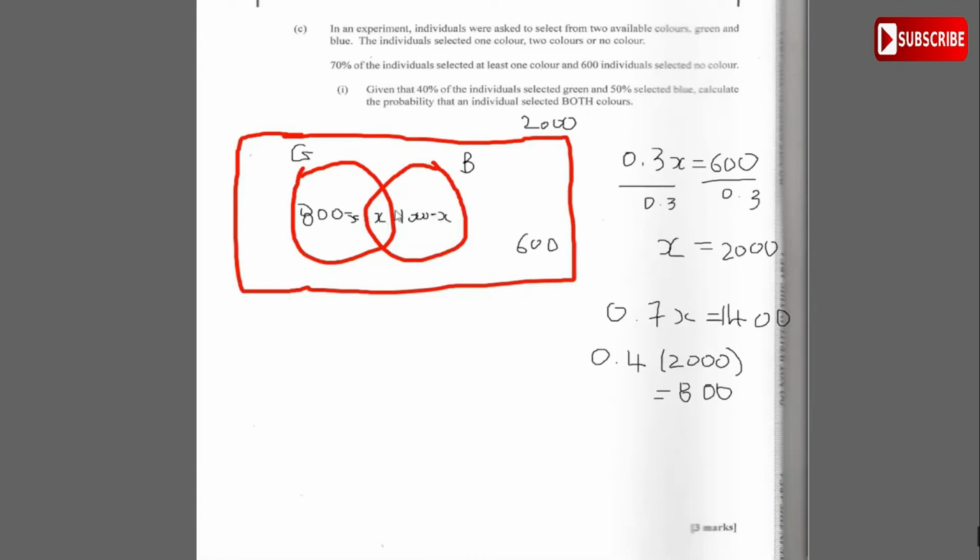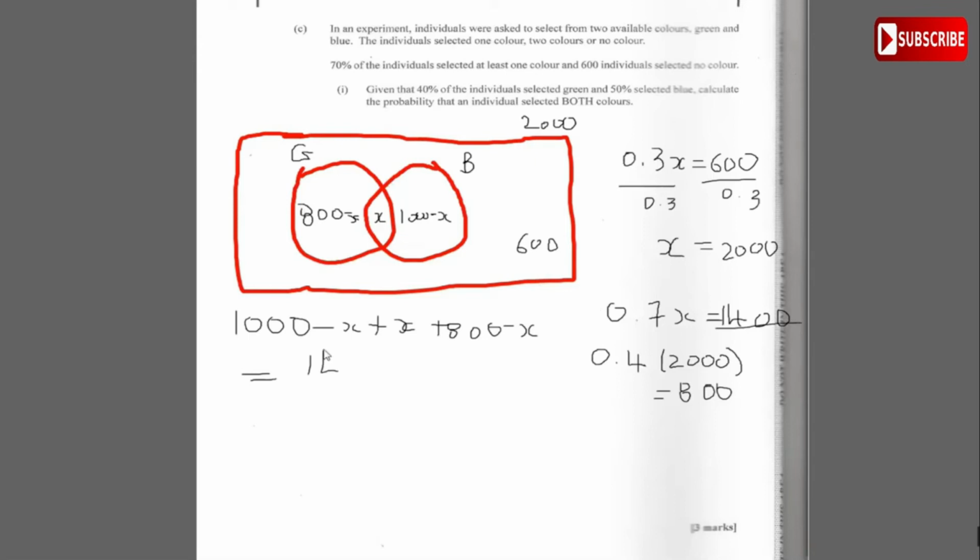Now we need to find X to know what this intersection is. So you can go now and say that 1000 minus X plus 800 minus X is equal to 1400, because the total amount in this set sums to 70% of the population.